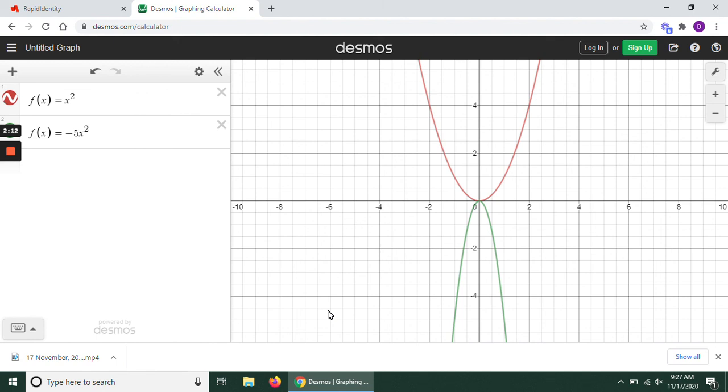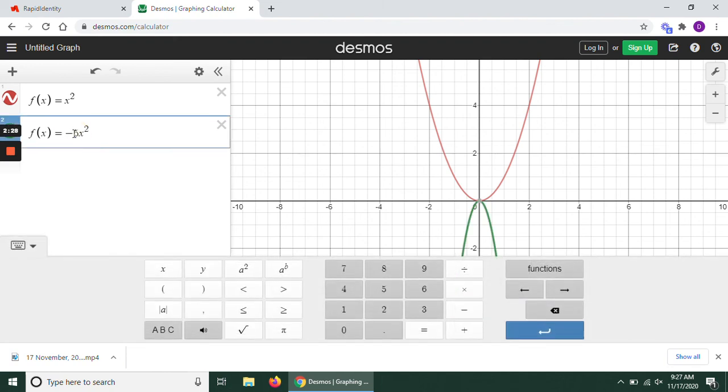Notice that the size of the new graph is still the same. Let me remove the negative sign.